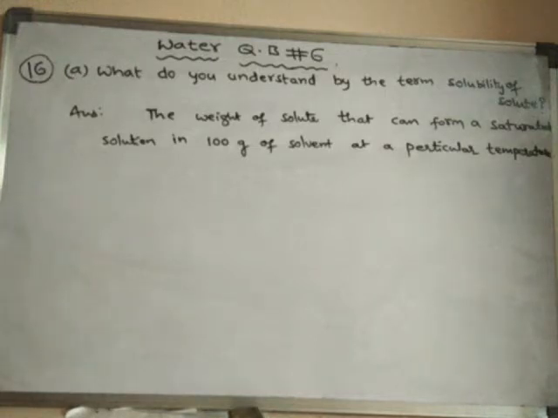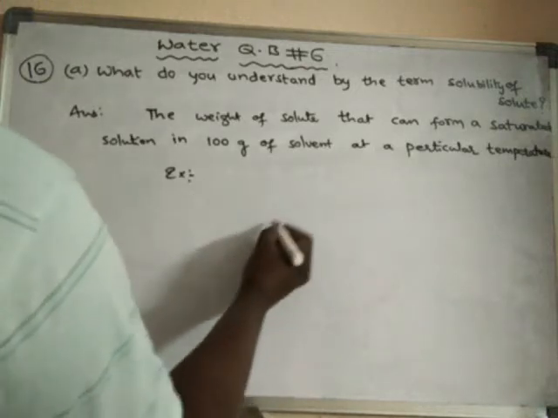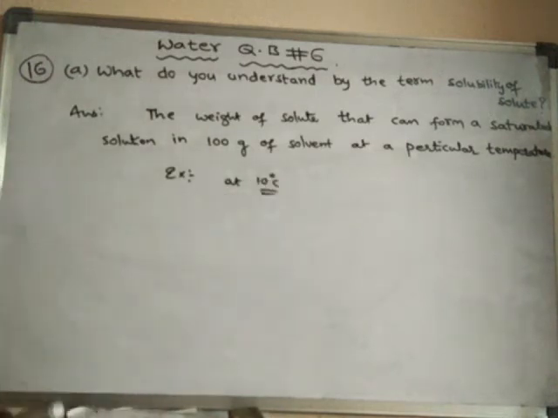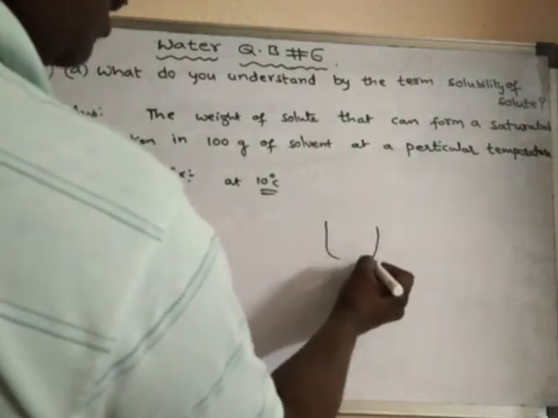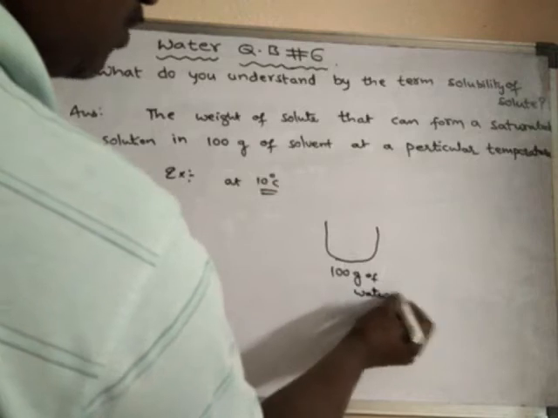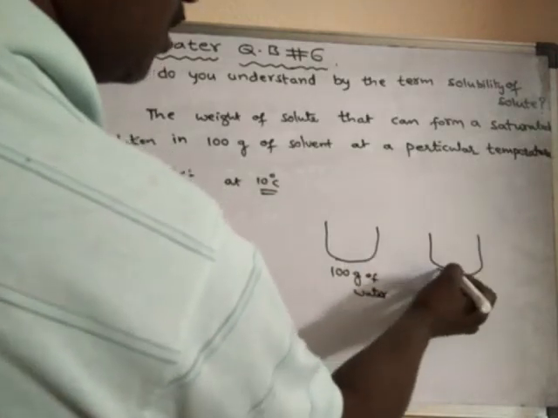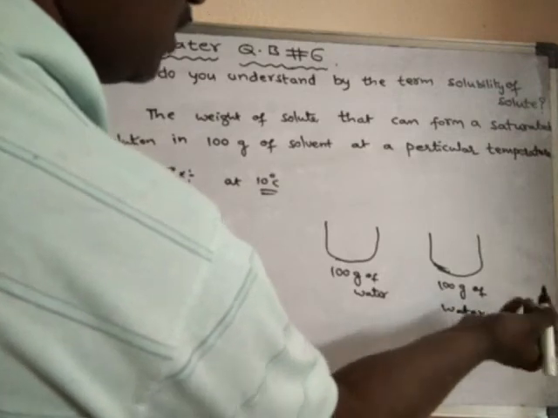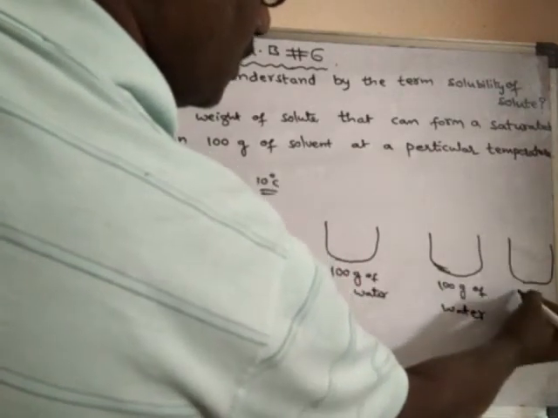For example, if you take an example, at 10 degrees centigrade, if I take 100 grams of water in one vessel, another vessel with again 100 grams of water, and one more vessel with 100 grams of water.